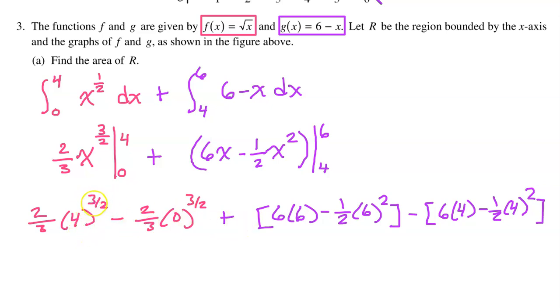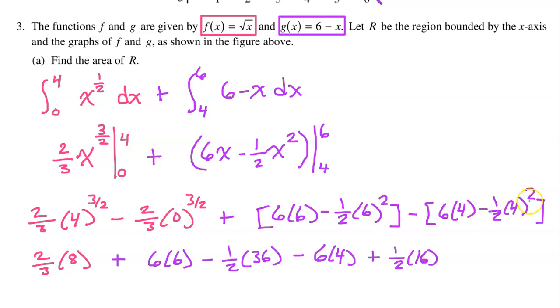When you have a fractional exponent, it is in the form power over root. So this is the third power and the square root. Let's start by taking the square root of 4, which is 2, and then we cube it, which is 8. So we end up with 2/3 times 8. Raising 0 to the 3/2 power is still 0, so this term is just going to be gone.